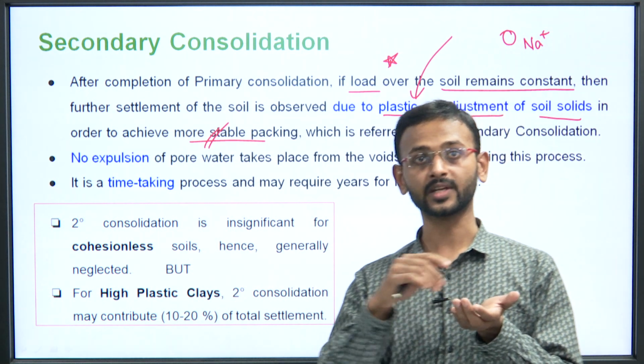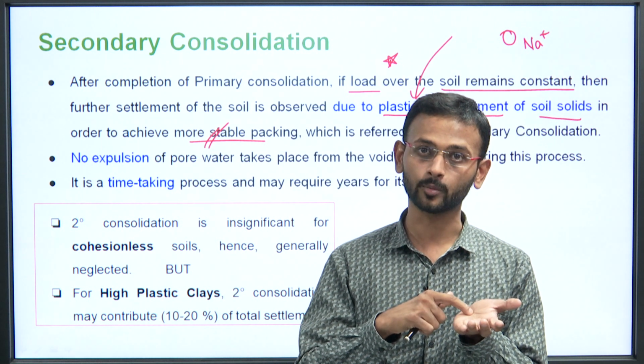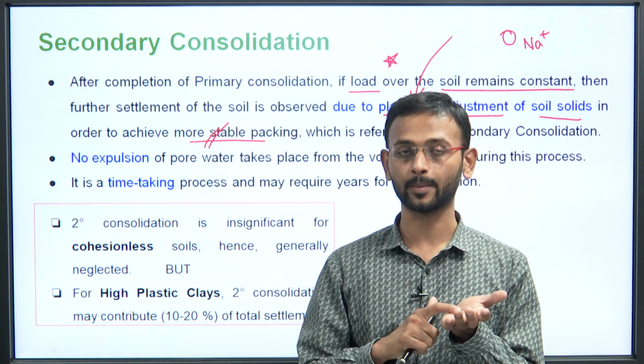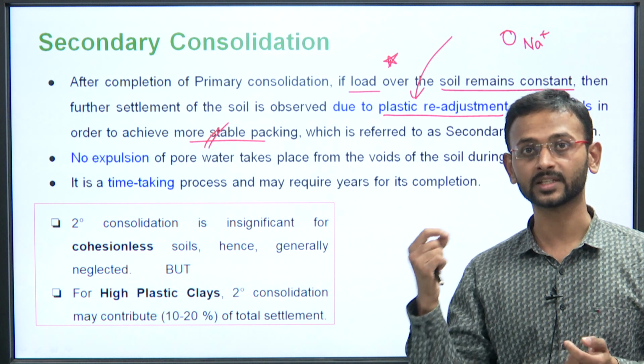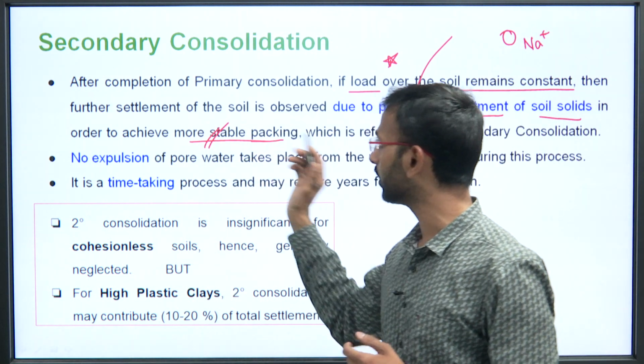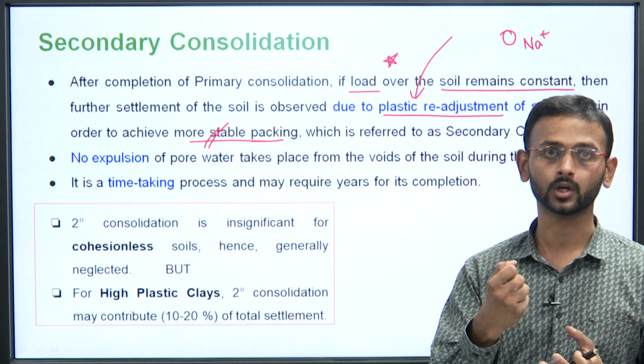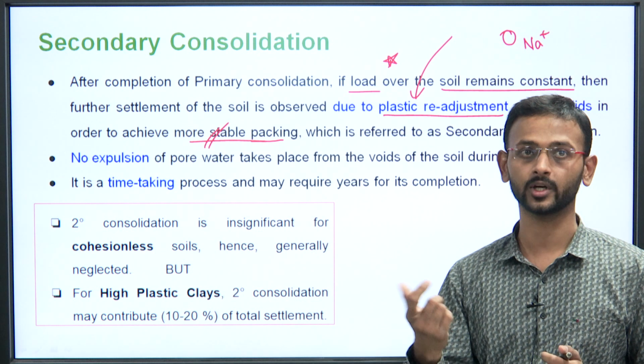Now in the secondary consolidation also, it is not due to pore water pressure, because that was in primary consolidation, but due to the plastic readjustment of soil solids, which are trying to achieve more stable packing. So all settlement is about achieving more and more stability.